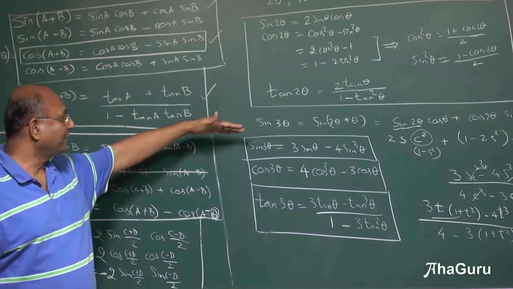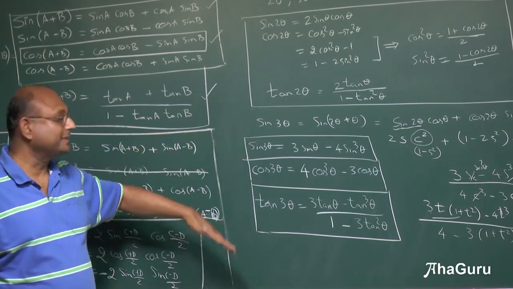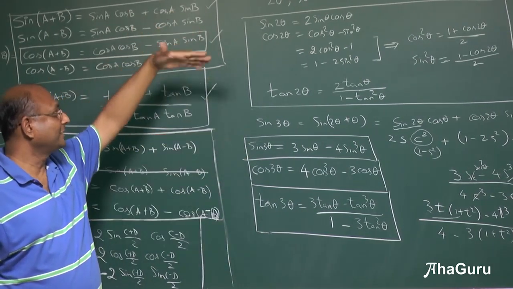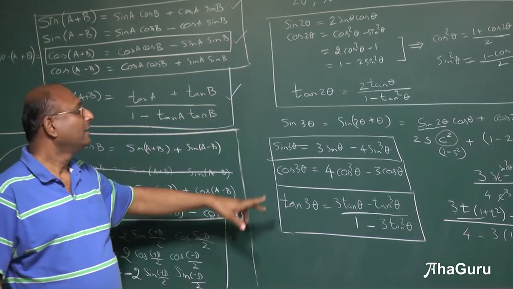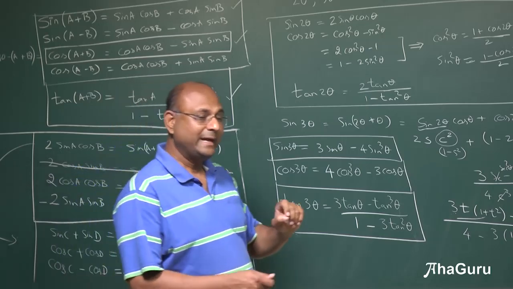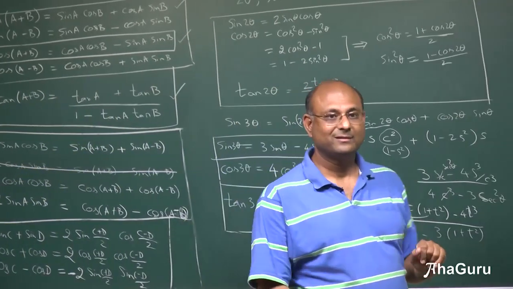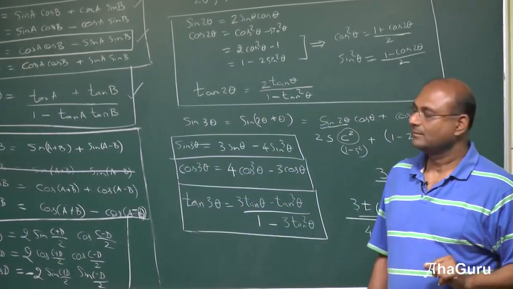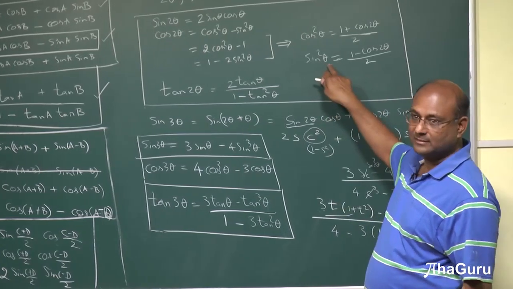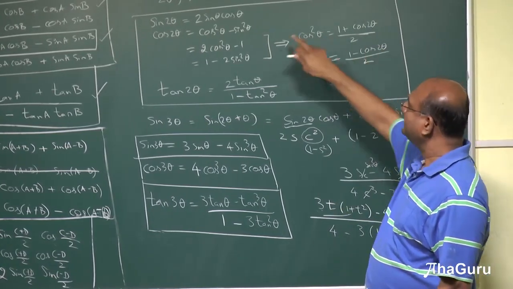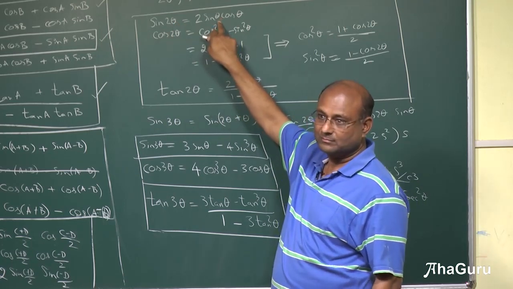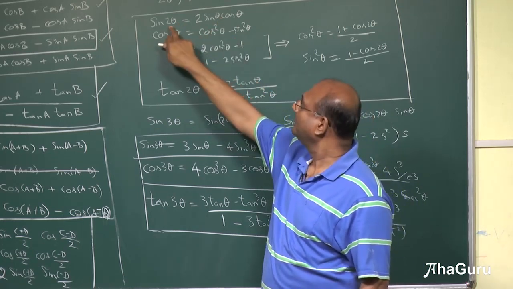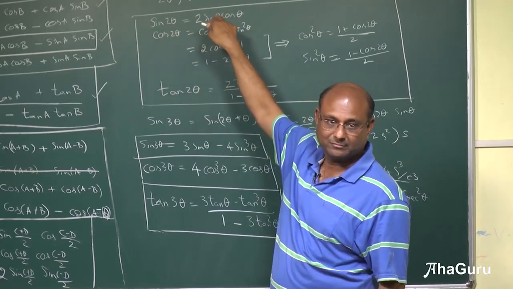So we know the formula for sin 3 theta, cos 3 theta, tan 3 theta, sin 2 theta, cos 2 theta, tan 2 theta. What about sin theta by 2? Basically, think about this as theta by 2. If you think of this as theta, you will get theta by 2.